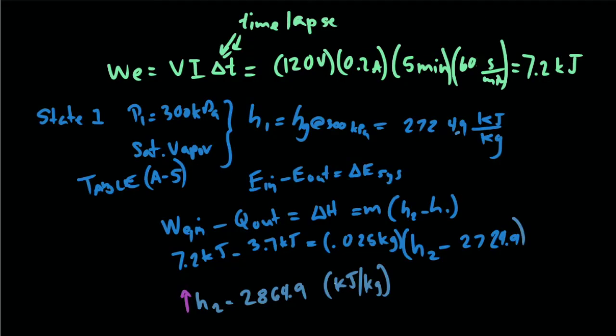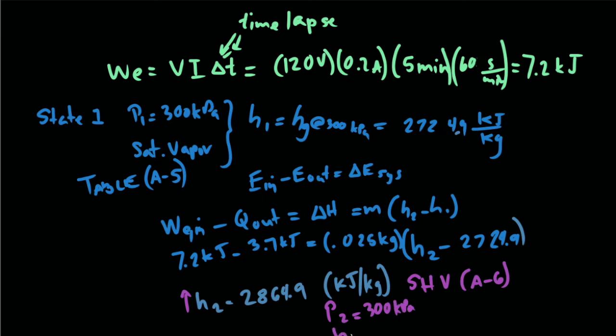So we are now at superheated vapor because we were right at the hairy edge anyway, and we just put a little bit of net work coming in. We're at superheated vapor. That's table A6. So you go to your table A6, and you know what P2 is. It doesn't change. It's 300 kilopascal.